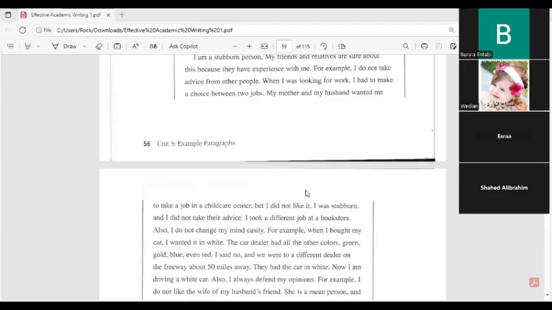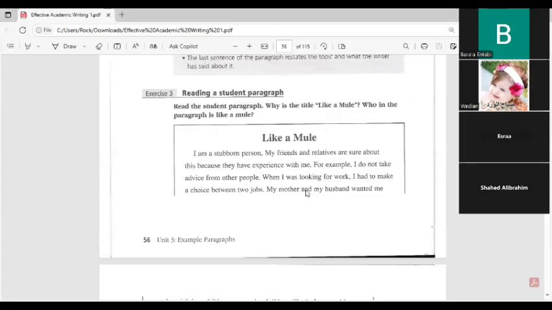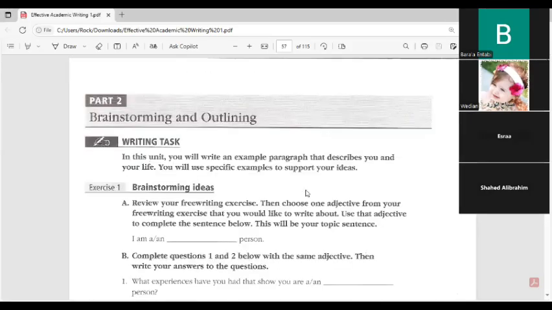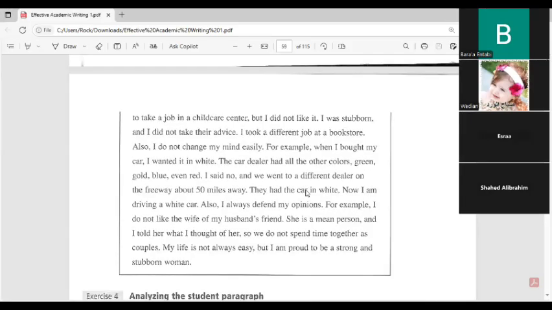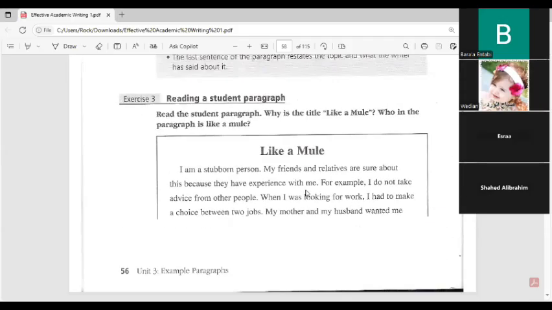You can read the first section. Yes, go ahead. Okay, Shahad, when you finish a sentence, you can pause a little, like stop a little. You can say, I am a stubborn person.